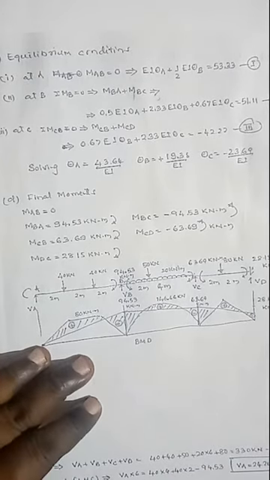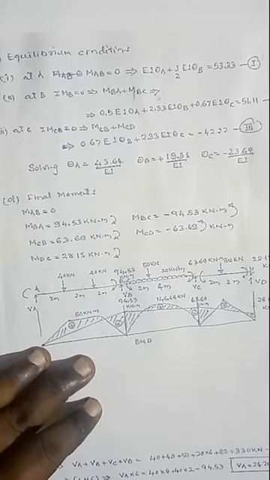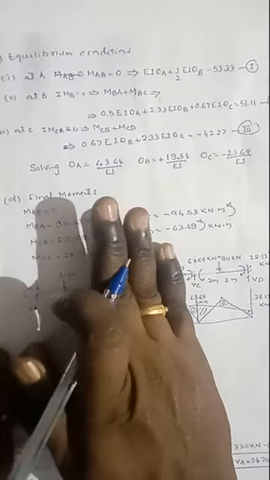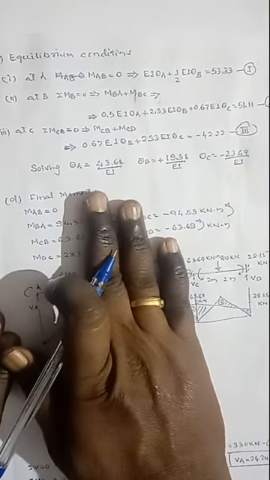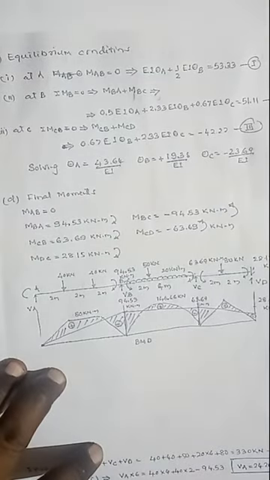Then summation of MC equals 0, here we have to consider the RHS of the part. You will get only this portion, that one is RHS.